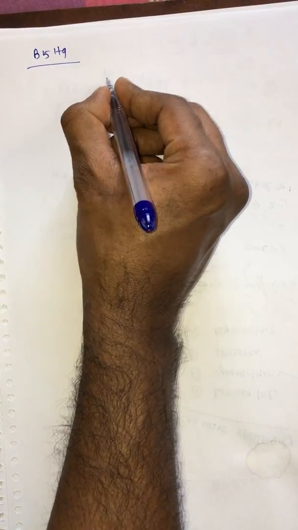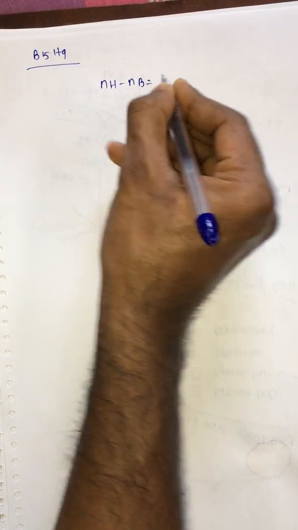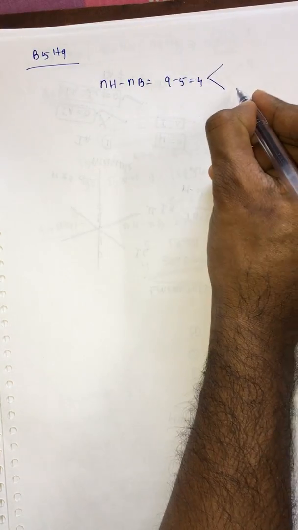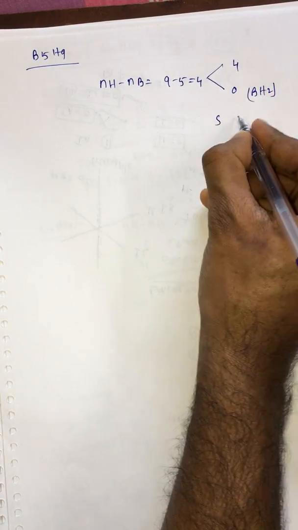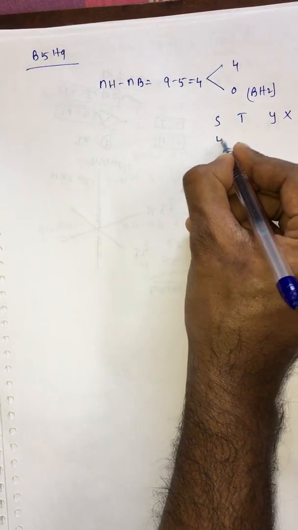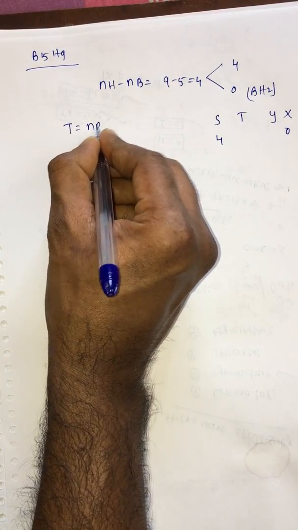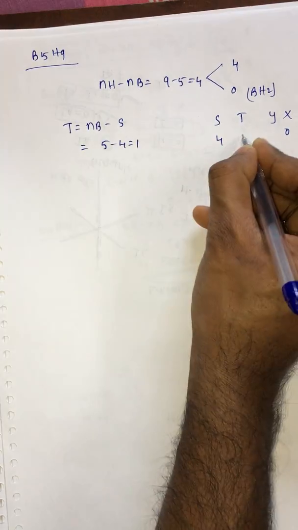And last we have B5H9. For step 1, the difference between the number of hydrogens minus the number of borons comes out to be 9 minus 5 equals 4. Since BH2 bonds is 0, we will keep it as 0. STYX, this is 4 and this is 0, and T will be the number of borons minus S. The number of borons is 5, minus 4, equals 1.